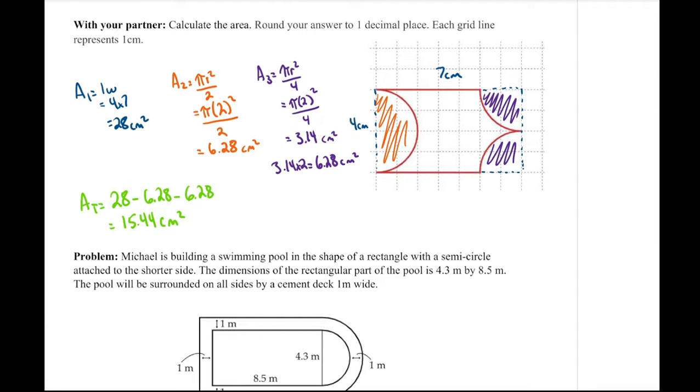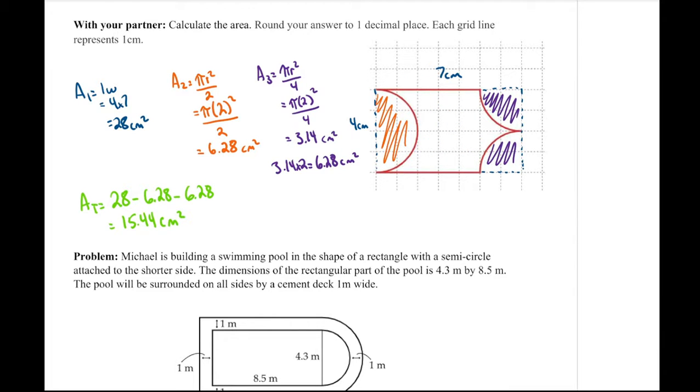Basically, assuming that none of those circles or parts of circles were cut out, what would be the area? That's where I got this 4 by 7 to get a large area of 28 centimeters squared. That would be this entire object. That's the area of that entire space.